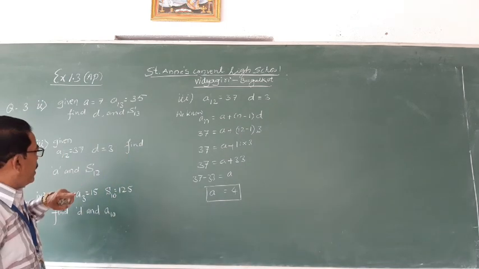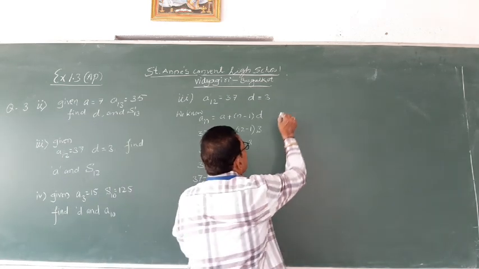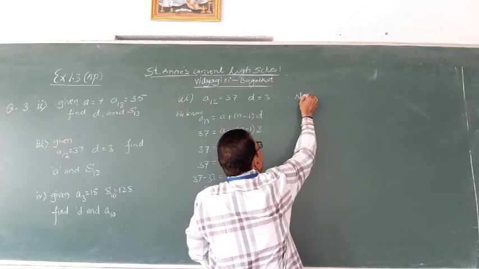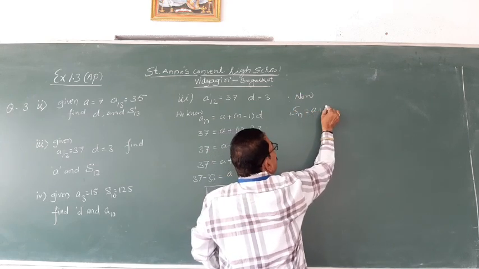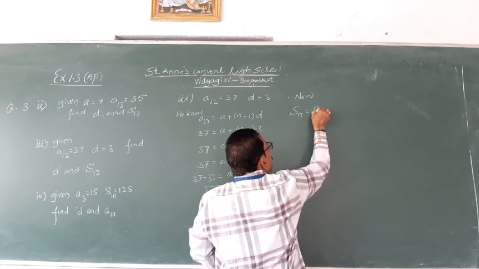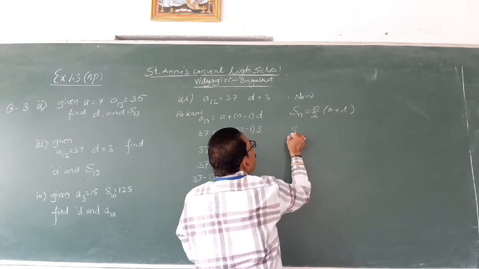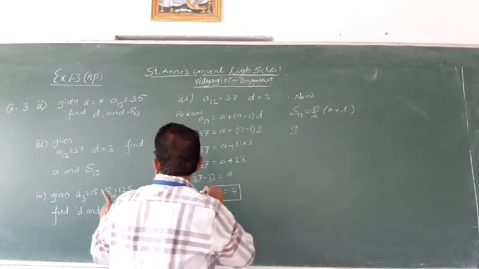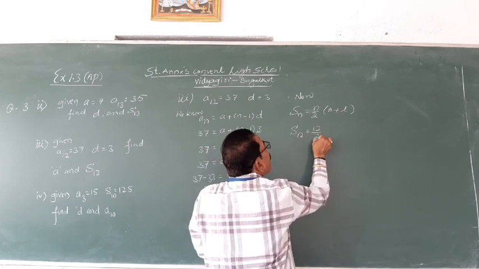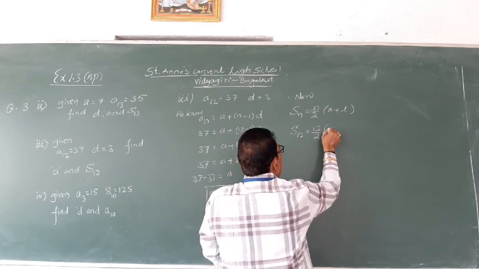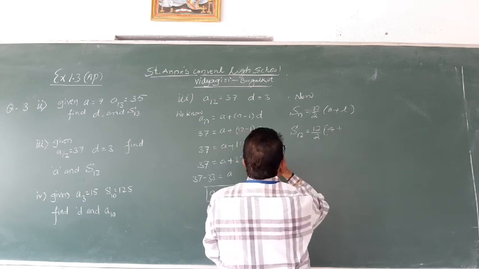Then we need to find S12 by applying the nth term formula. Therefore, S12, a already got 4, plus l, the last term, is given, that is 37.